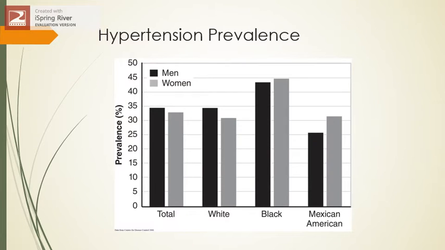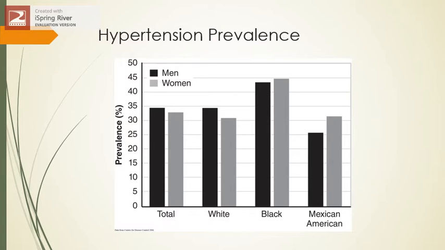So this is from your textbook. This is showing the prevalence in men and women in different racial groups, white, black, and Mexican American. And basically what you see here is that the prevalence in general is between 30 and 35% of hypertension. In whites, the prevalence is a little bit higher in men.